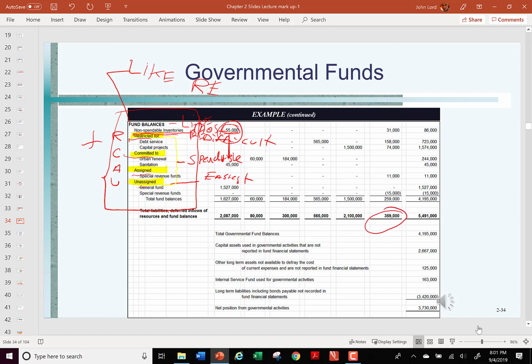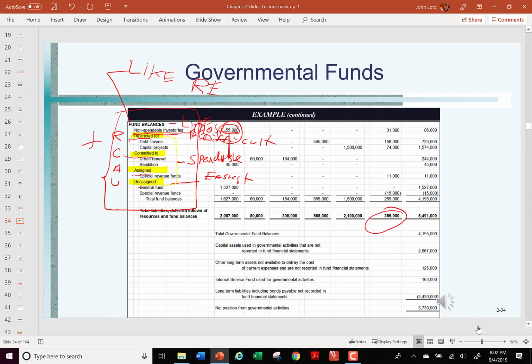Does that equal the $2,087,000, which was the amount for the assets? Just like you learned in accounting 100, whatever, business 20, when they showed you a balance sheet, it balanced because assets equal liabilities plus stockholders' equity. So it's just that format.